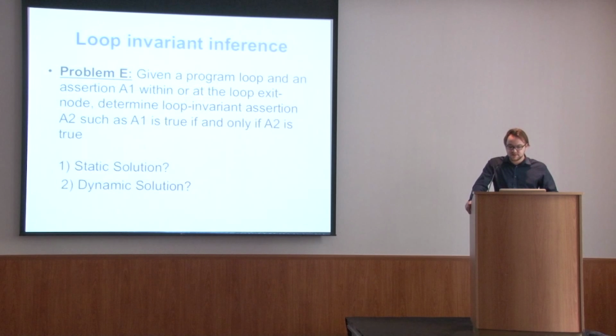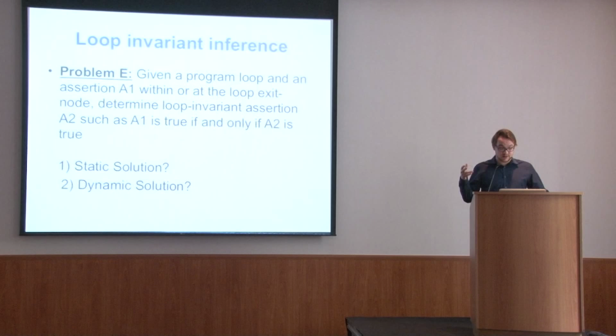Given a loop, an assertion A1 inside the loop or after the loop, what is a loop invariant A2? The loop invariant means a condition of the loop that has to be true at every beginning of iteration in order for this first assertion A1 to be true, or false, true in that case.